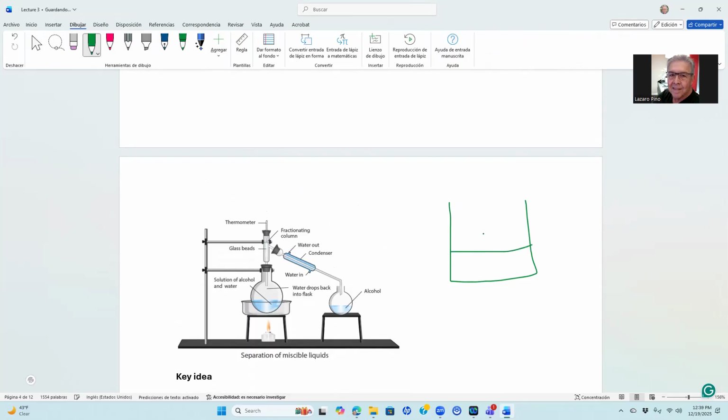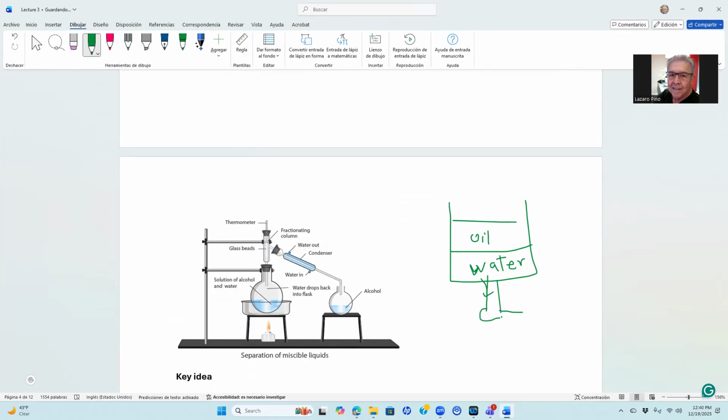For example, oil and water, they don't mix because one is a substance that is polar and oil is non-polar. They don't mix. Then you can separate them by using a type of funnel.